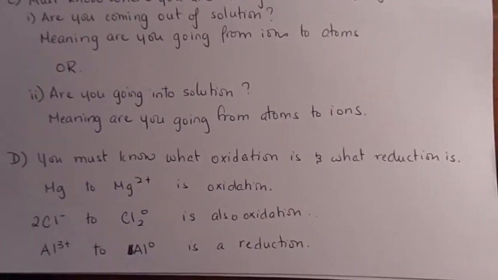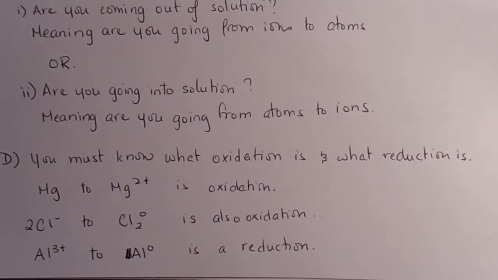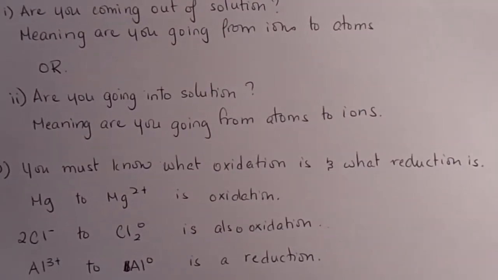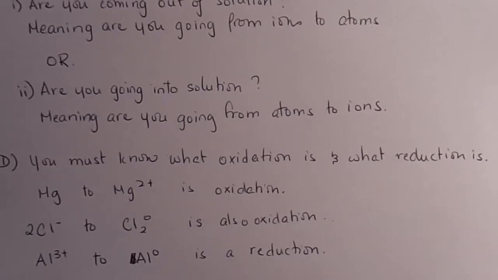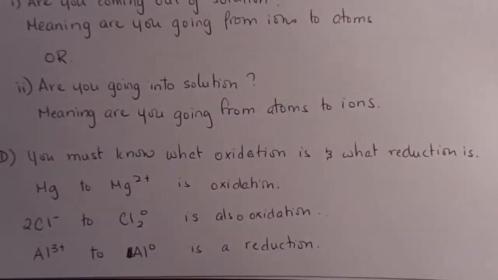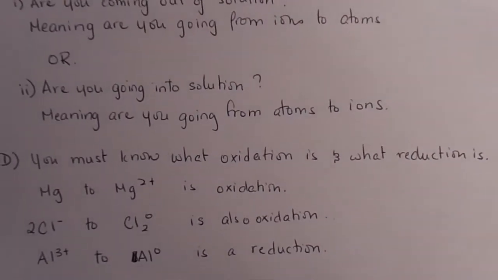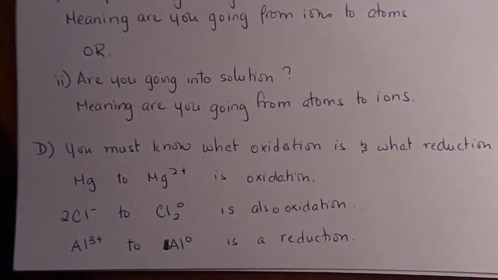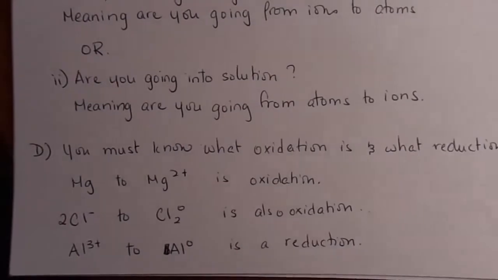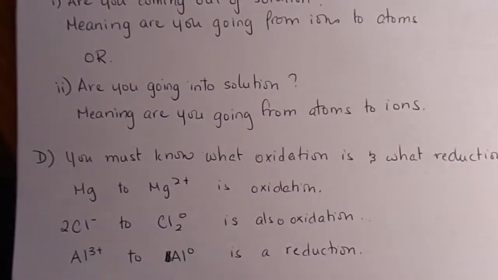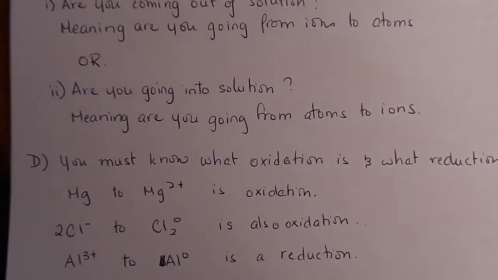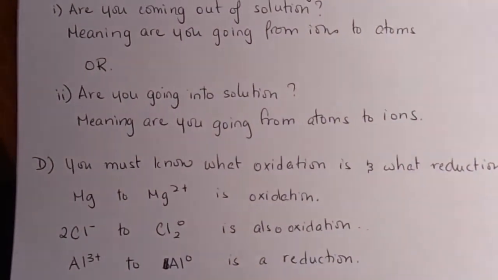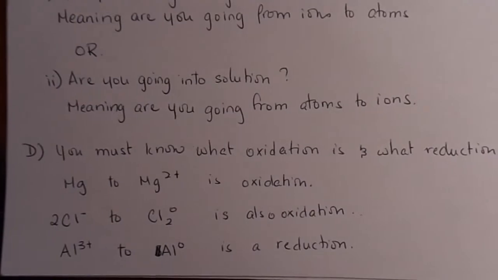And you must know what oxidation is and what reduction is. Example, Mg to Mg2+ is oxidation. A question would say magnesium metal going into solution, and two chloride ions going towards becoming a molecule of chlorine is also oxidation.